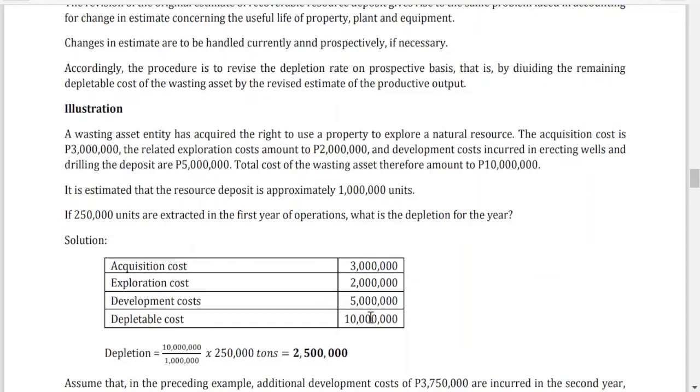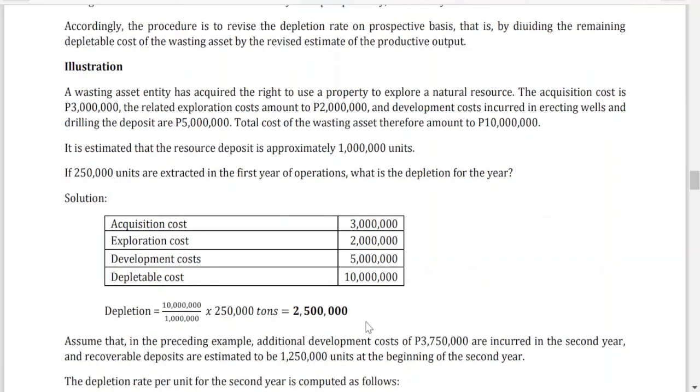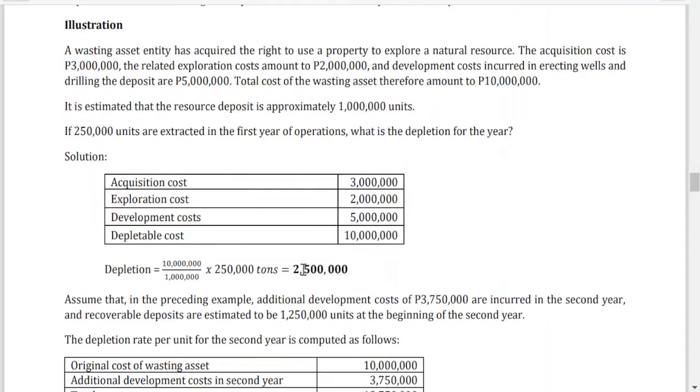So the depletable cost totals 10 million. There are 1 million units that can be extracted. So 10 million divided by 1 million times the number of units extracted in the first year of 250,000 tons. So the depletion is 2,500,000.